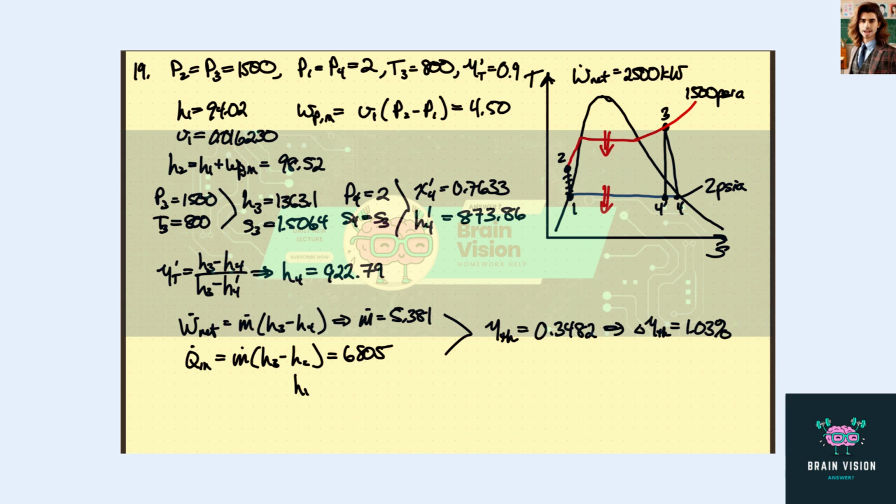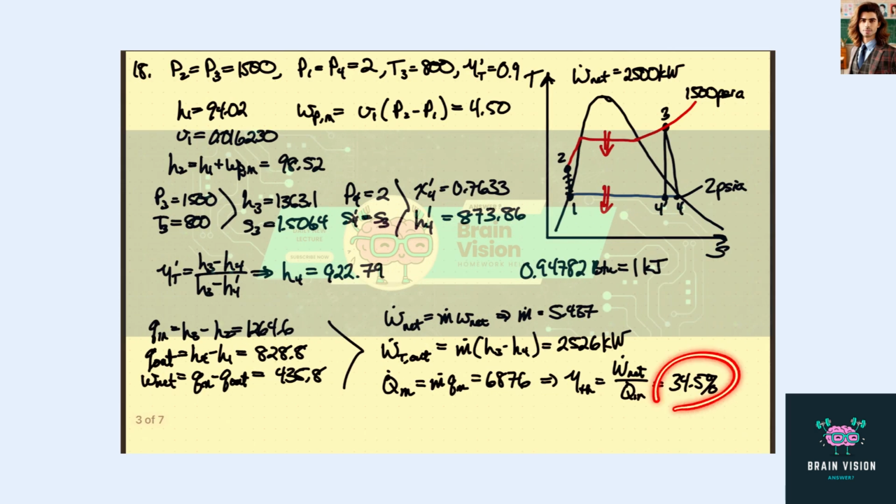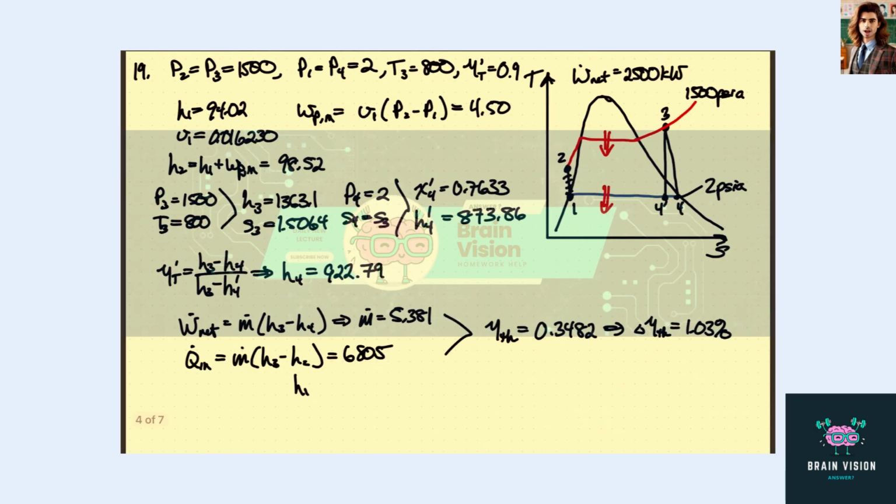Anyway, it's going to make a very minor difference, because in fact, neglecting this, we can see that our efficiency is now 34.82%. Before it was 34.5%. And so we get a change in our thermal efficiency of about 1%.